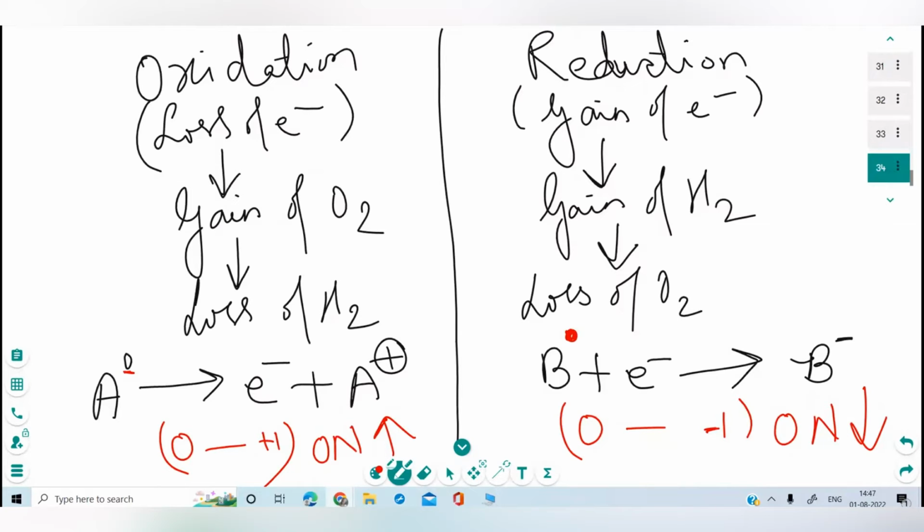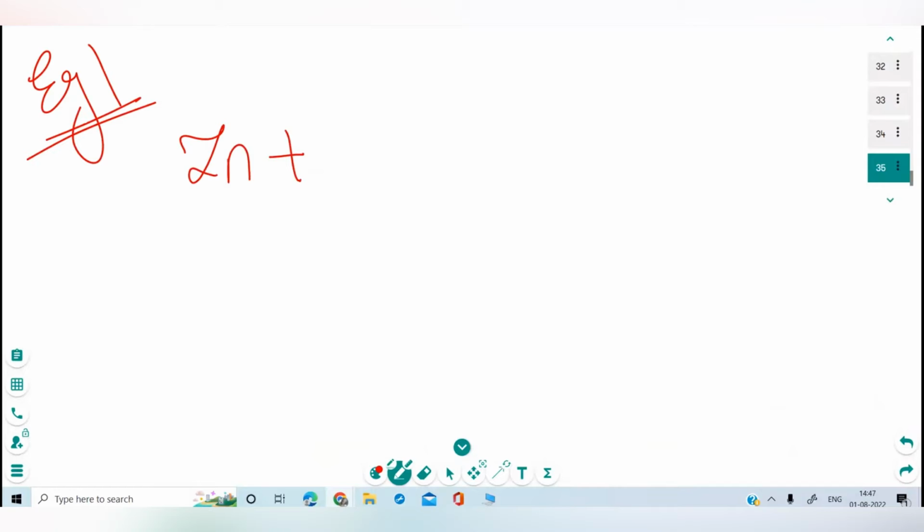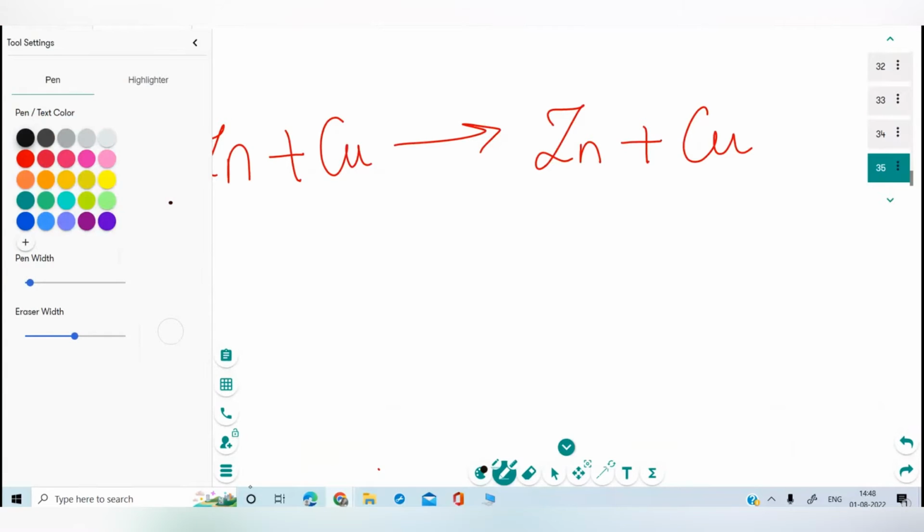Now we will see an actual redox reaction where both the processes are happening. Let us start with the first example. The example is Zn plus Cu2+ will give you Zn2+ plus Cu. You will say, what is so difficult here? Now let us see what is happening here.